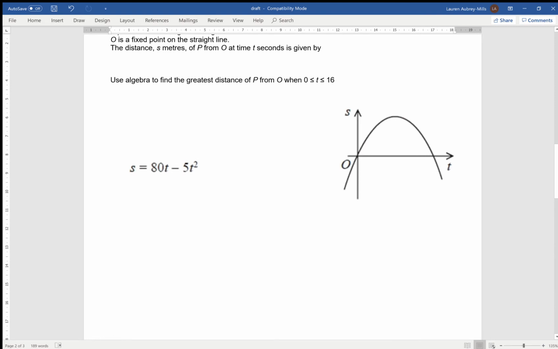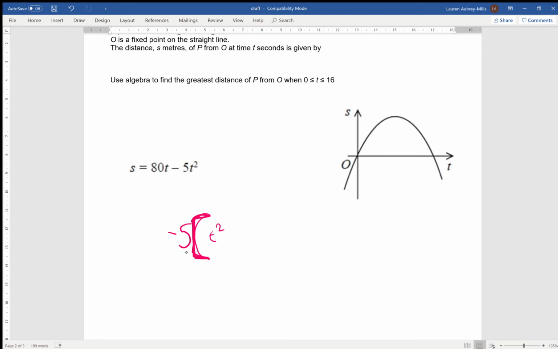So before we can do the completing the square part, we need to take out that -5. And if we do that, we'll end up with t squared. It's -5t squared divided by -5 is just t squared.